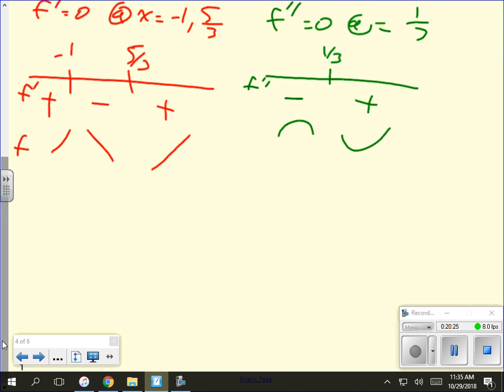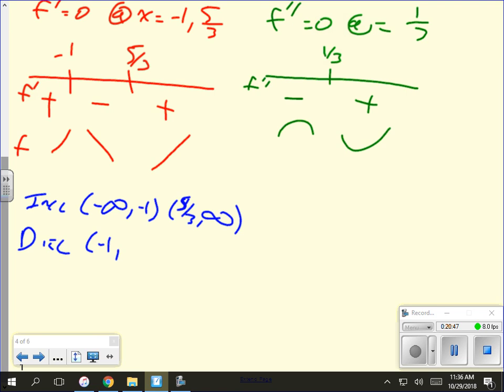Now, to answer my question, it is increasing from negative infinity to negative 1, and from 5/3 to infinity. It is decreasing from negative 1 to 5/3. I have a max at x equals negative 1.